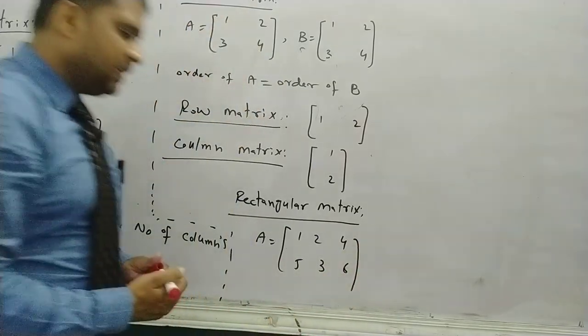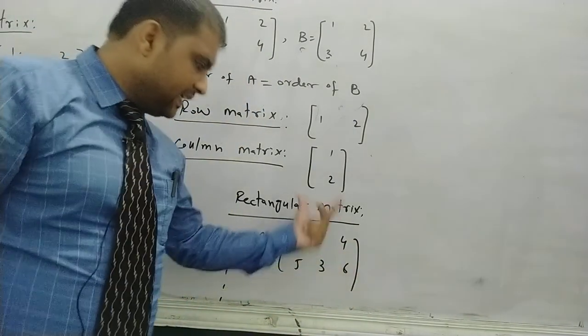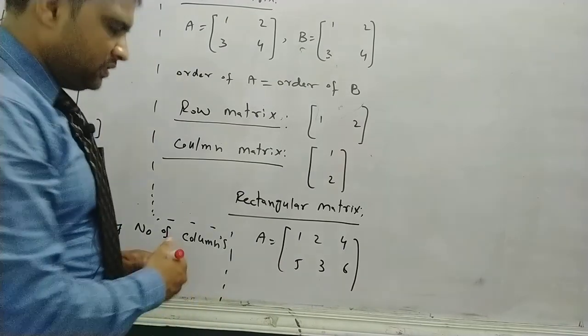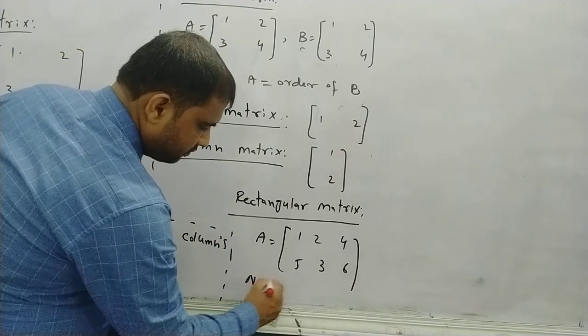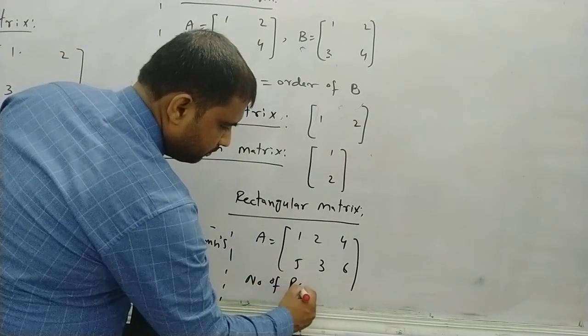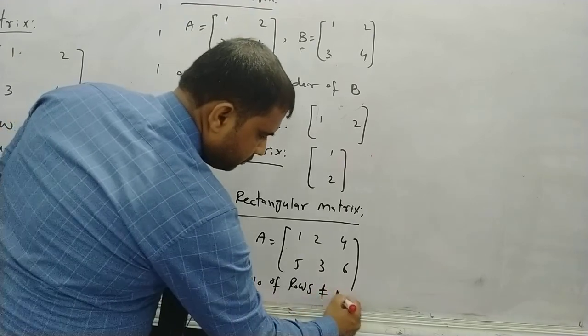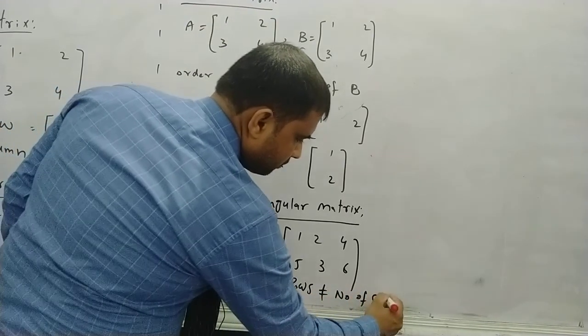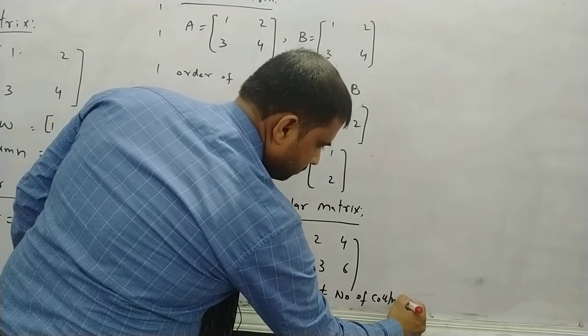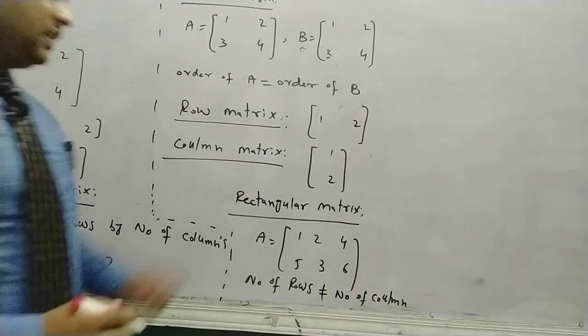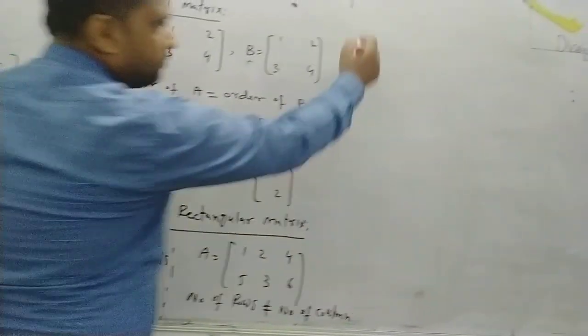So there are 2 rows and 3 columns. Number of rows not equal to number of columns, so this is a rectangular matrix.